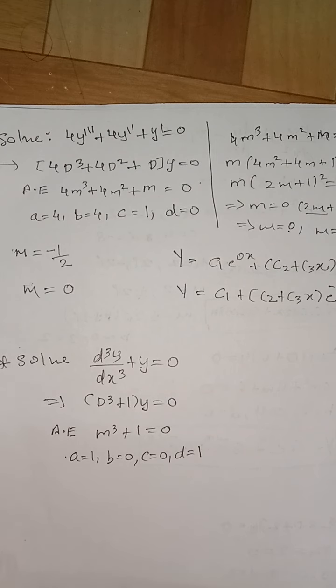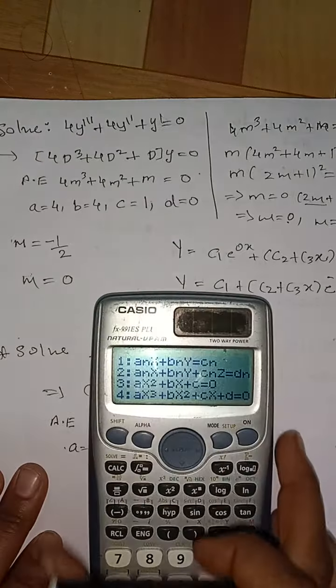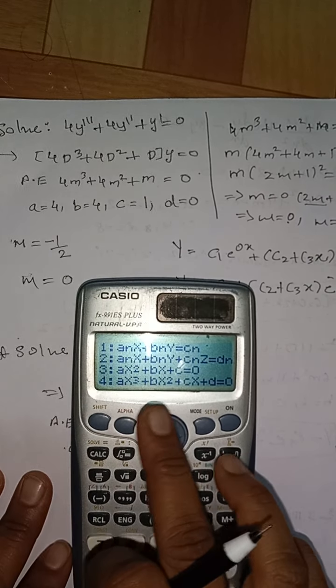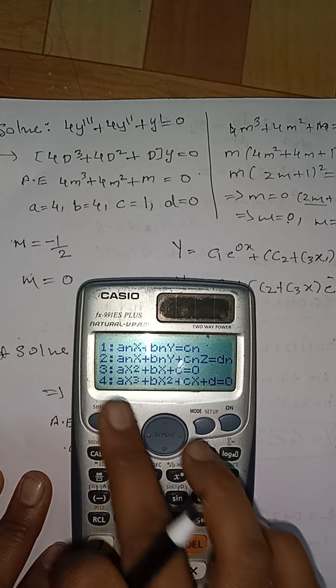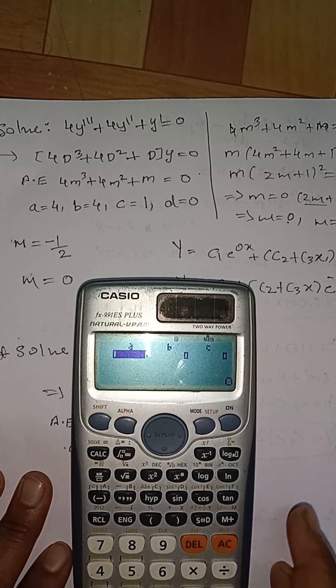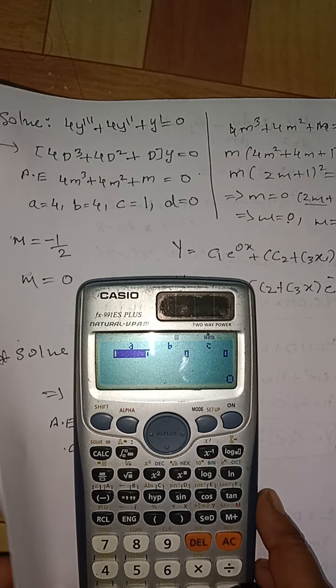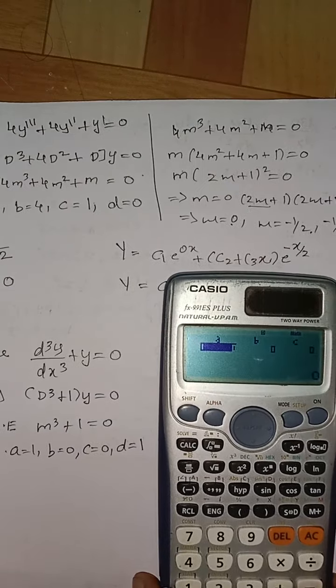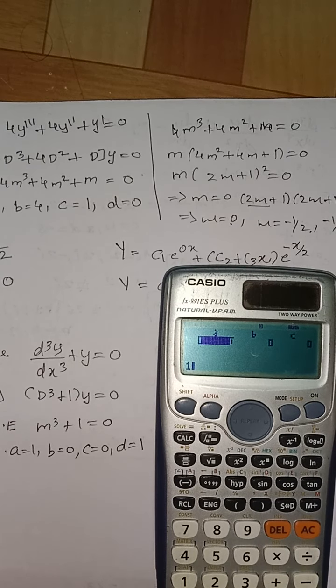Let us find the roots by using calci. I have taken alpha mode, and from this I have taken equation 4. Substitute the values of a, b, c, d that we have got here: a equals to 1, b equals to 0, c equals to 0, and d equals to 1.